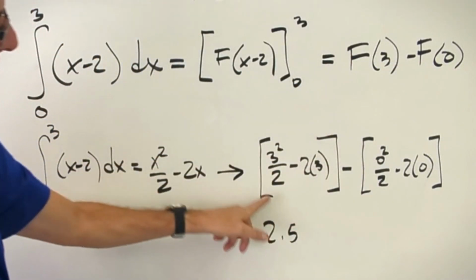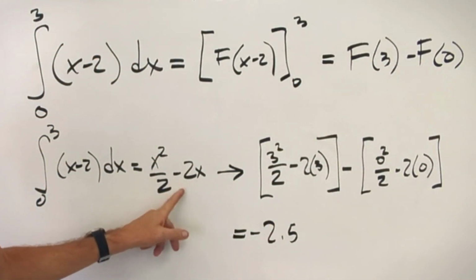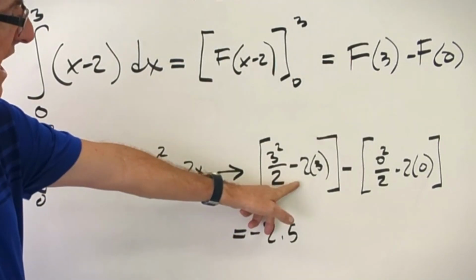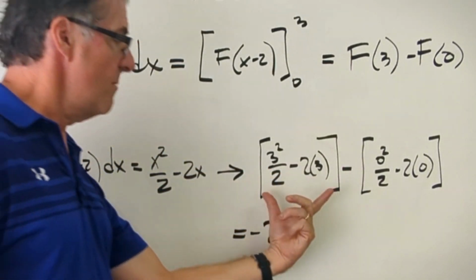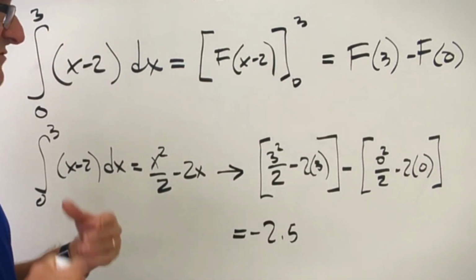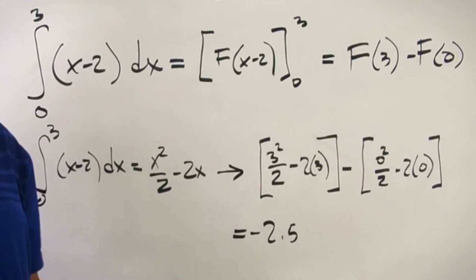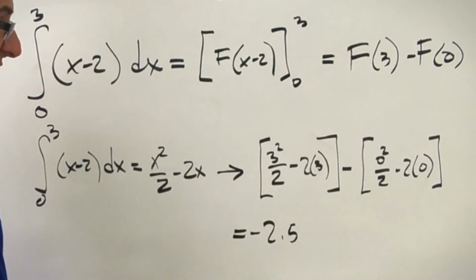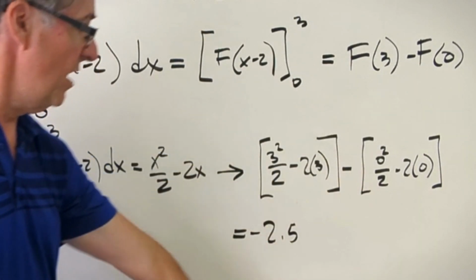So here's my plug-in step for that using my integrated function. I've got that minus that. You want to remember your big brackets. Now this should be looking familiar to you because we've done this in the context of the geometric examples we did in the last lesson or 2 lessons ago. When I evaluate this out, I get 2.5.